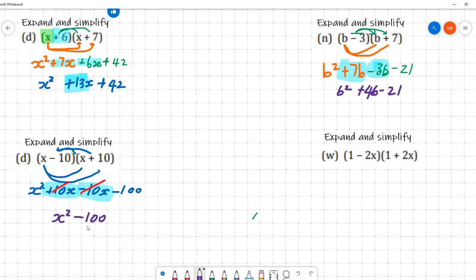Now, coming back to what I said before, where this sort of question or this sort of equation or expression has a special name. The special name that's given to this type of equation is called the difference of two squares. Okay, it's called the difference of two squares.